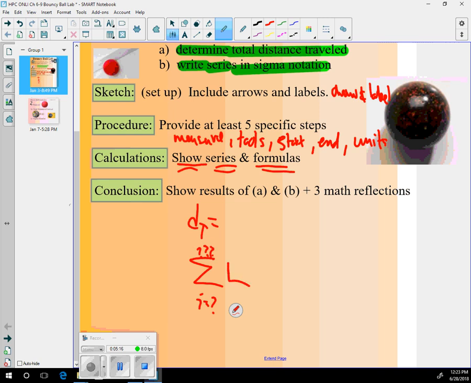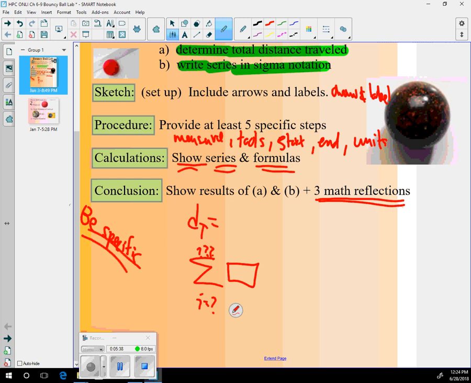What's the formula for that? And you may have more than one sigma notation, however you want to do it. And then I want to see 3 math reflections about series, infinite series, sigma notation, whatever you want to have. Be specific. Hopefully these lab write-ups are getting better.